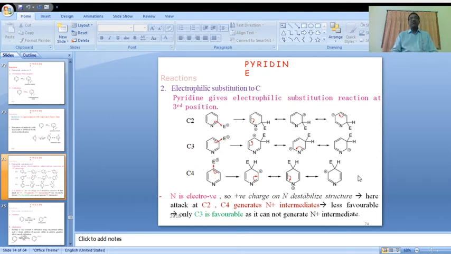Which one is more stable, which is less stable, and what is the reason, we'll discuss.